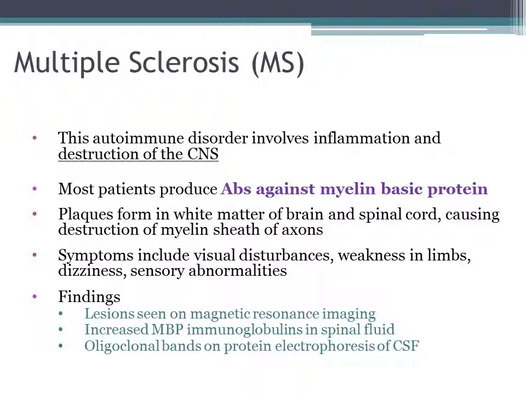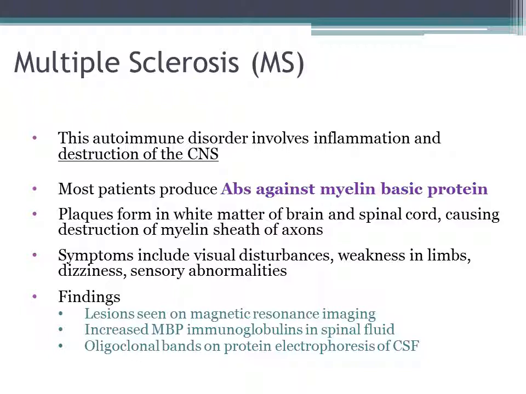So as this myelin sheath is disturbed and destroyed, depending on specifically where the plaques are, it's going to affect nerve function to those parts of the body. And this is a progressive illness.